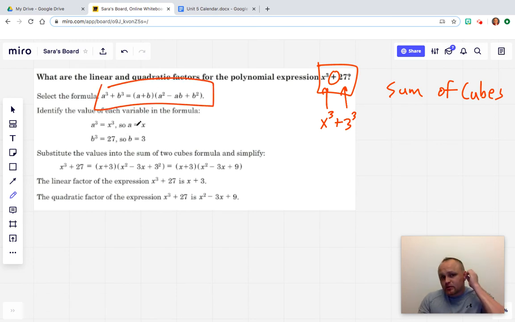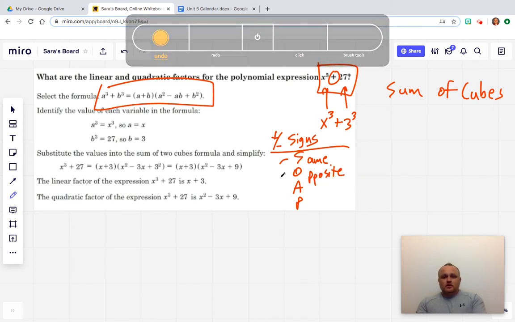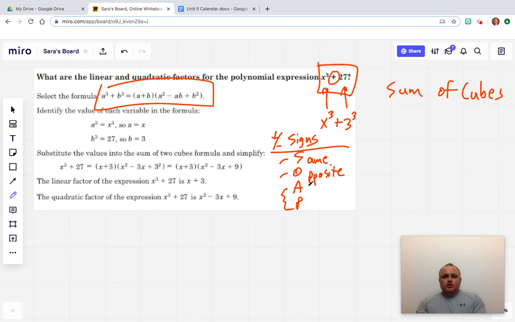Now, this is a little weird to memorize, but there is an acronym. It's called SOAP, and it's talking about signs, like the positive and negative signs, by the way. It's same, opposite, and always positive. Let me show you what that means.